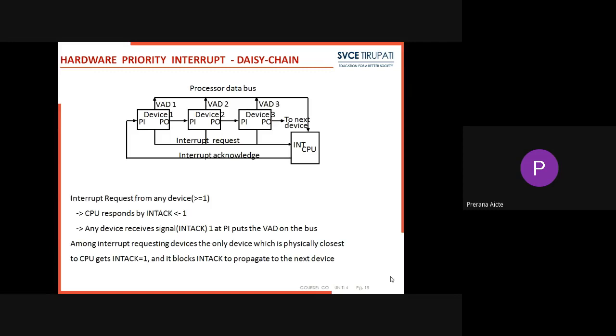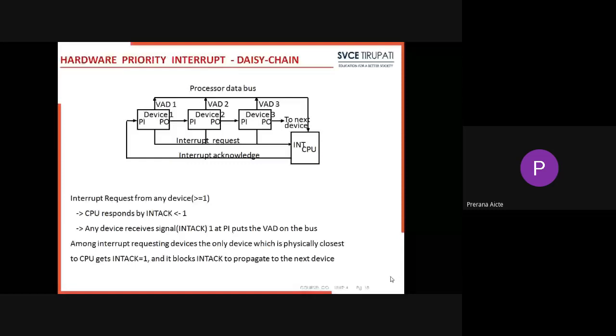It then proceeds to insert its own interrupt vector address into the data bus for the processor to use during the interrupt cycle. A device with 0 in its PI generates 0 in its priority output to inform the next lower priority device that the acknowledgement signal has been blocked.